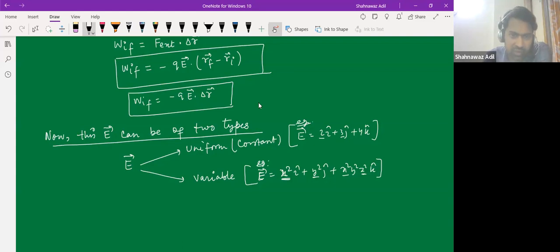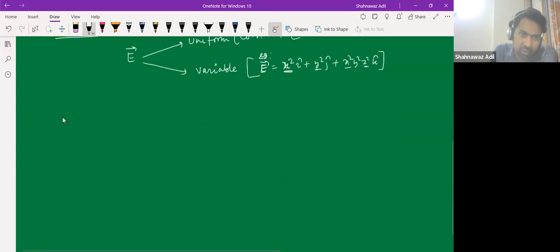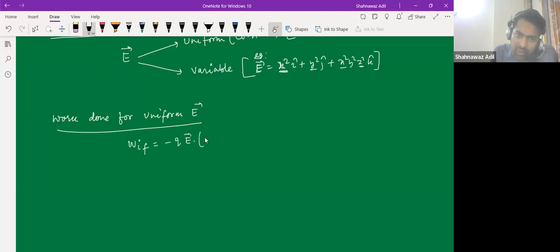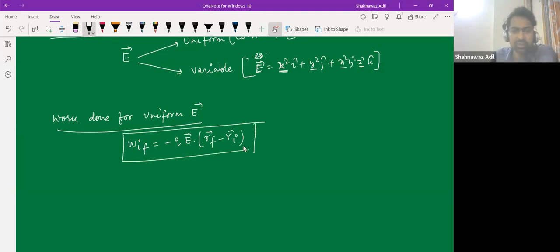Due to these two different types, the work done would be different. So work done for a uniform electric field is simply minus Q E dot (R final minus R initial). Clear?